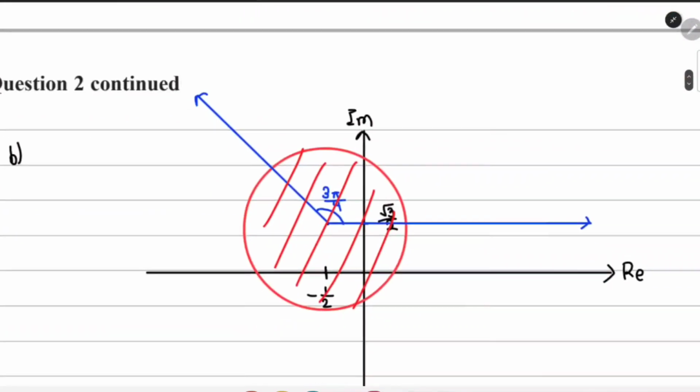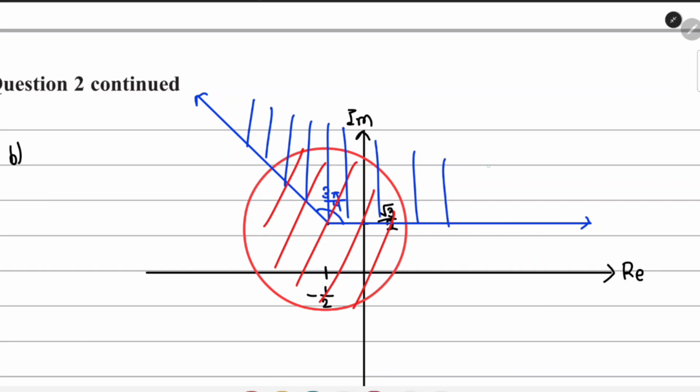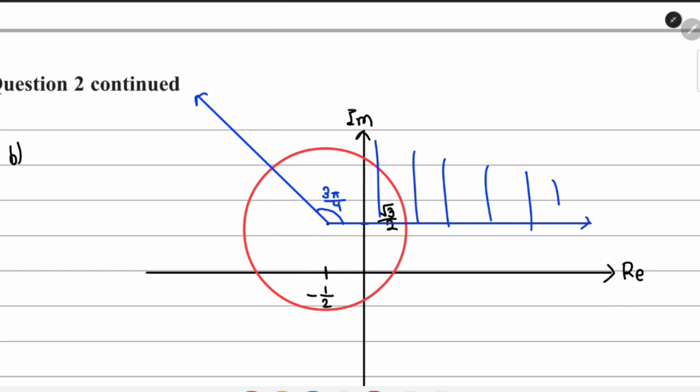So for the second equation, the shaded area will be this blue region. And if we combine the shaded regions, red and blue, we find that the common intersection is this inside the circle. So I'll shade this now, remove the other ones. This is the shaded area.